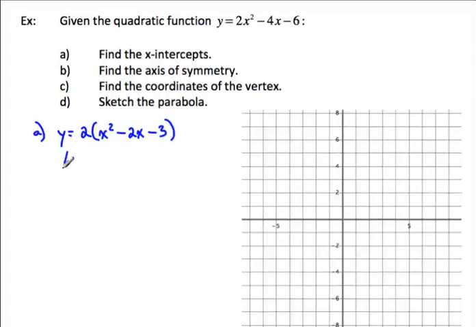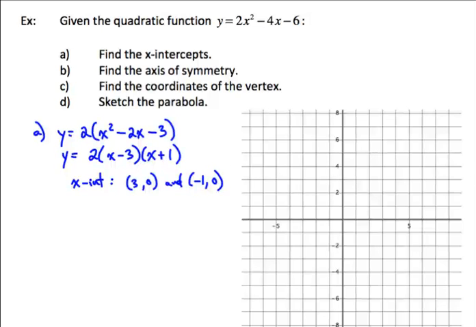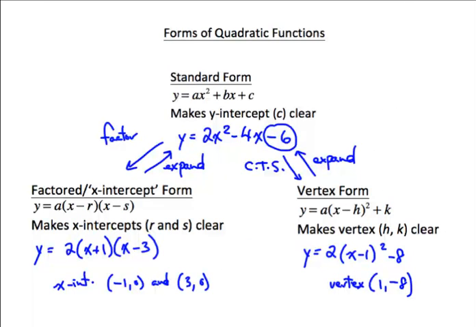And then it becomes a lot simpler to factor. It's not one of those trinomials with a non-1 number at the front. So now we can just factor that to (x minus 3) times (x plus 1). And then we know that the x-intercepts are going to be the points (3, 0) and (-1, 0). And that's just what we saw back in this example.